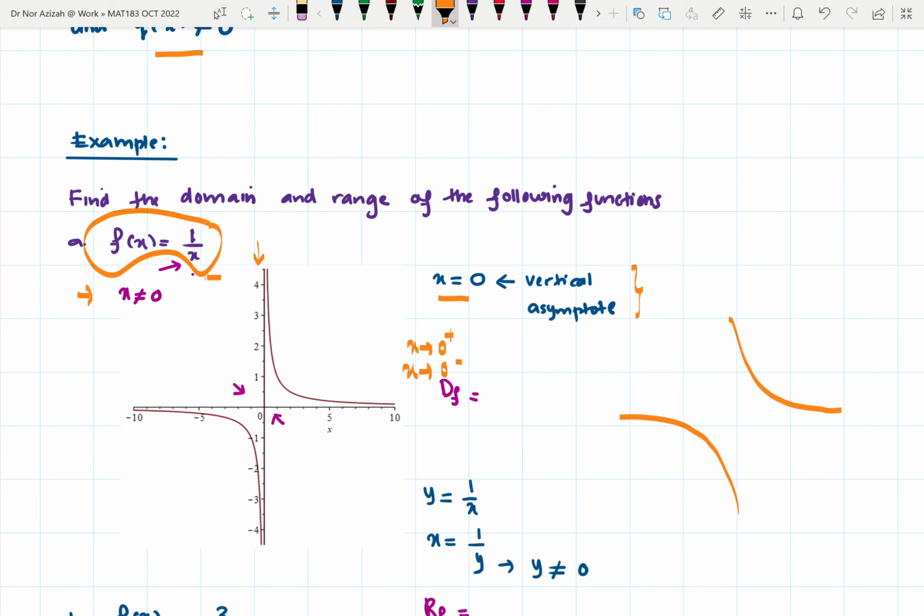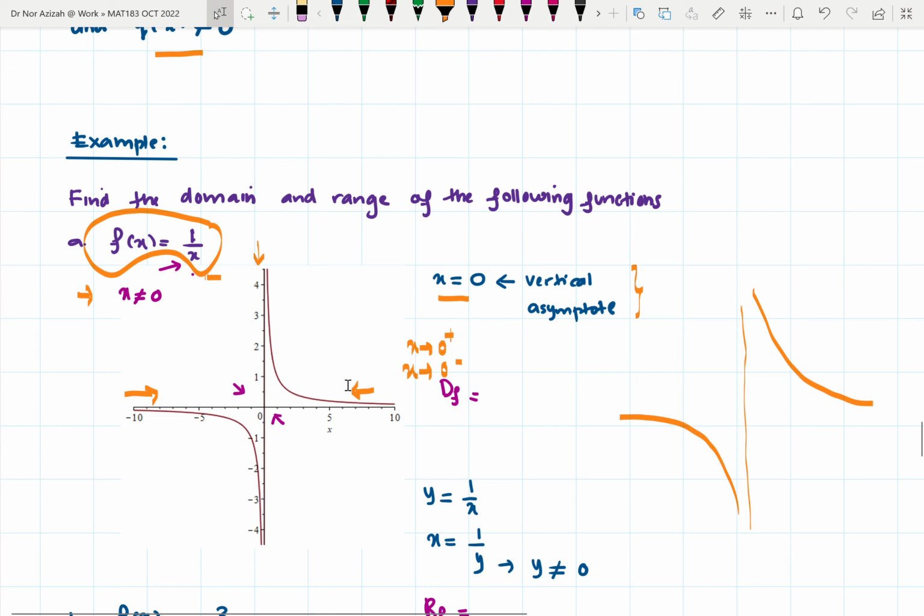The vertical asymptote is here. So first, when x goes to 0 from the right hand side, and then when x goes to 0 from the left hand side, we have two curves here.